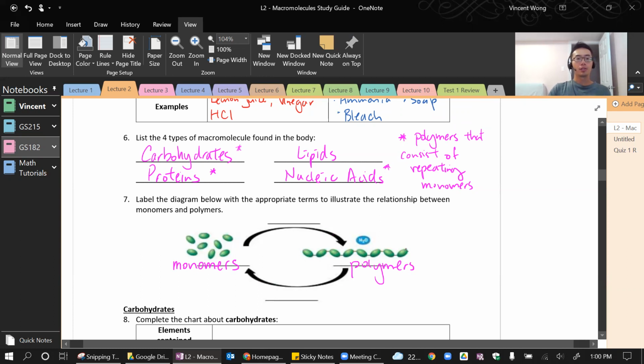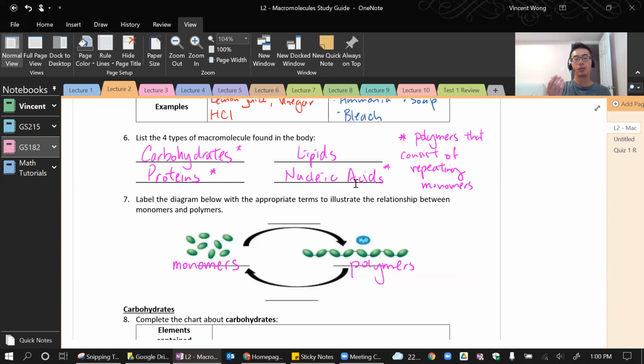Okay. Carbohydrates, proteins, and nucleic acids are not the only polymers that exist in nature, or in the world, I guess I should say. You have a lot of polymers in your house. Plastic is a polymer.